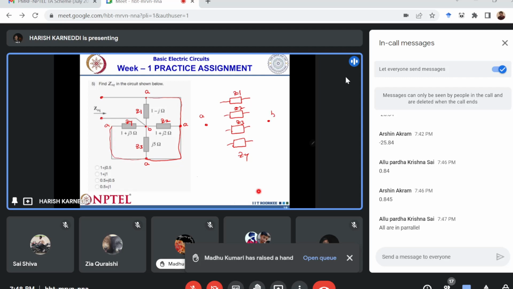This is my B point. This impedance Z1 is connected between A and B, right? And Z2 is connected between A and B. And Z3 is also connected between A and B. And Z4 is also connected in between this A point and this B point.